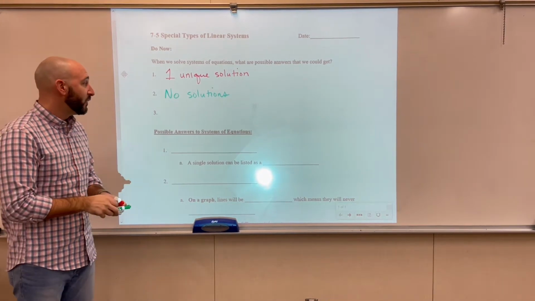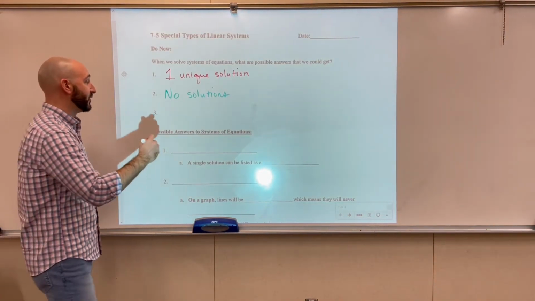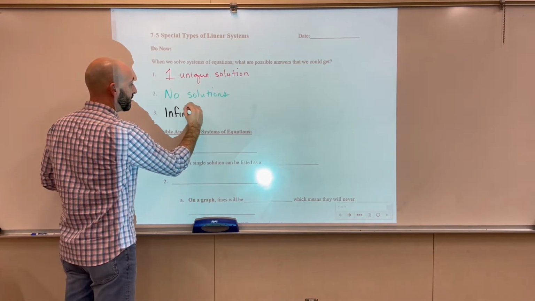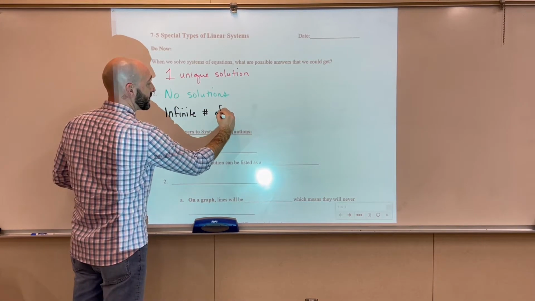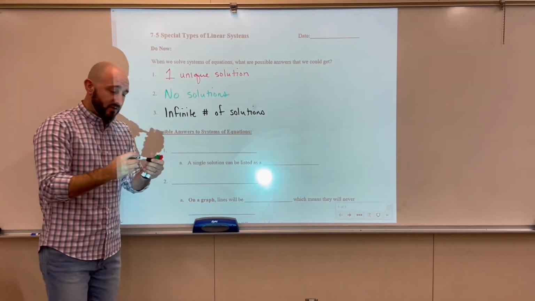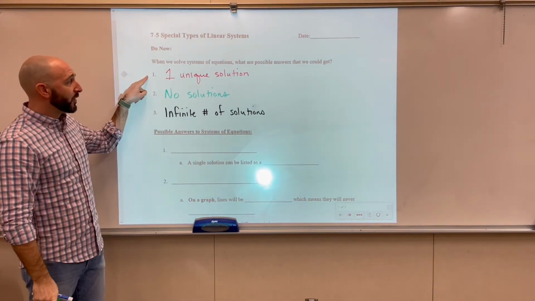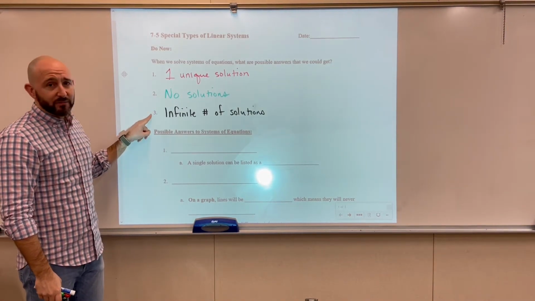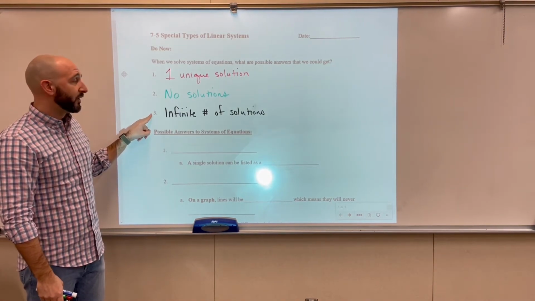And then finally, we could have an infinite number of solutions. So instead of just having one unique ordered pair that satisfies both equations, here an infinite number of ordered pairs will satisfy both equations.